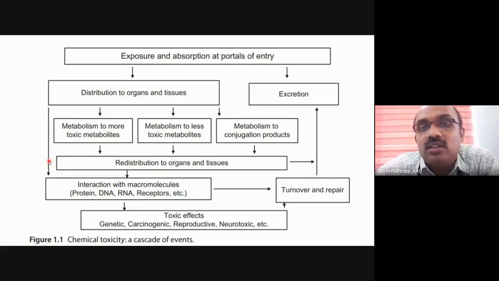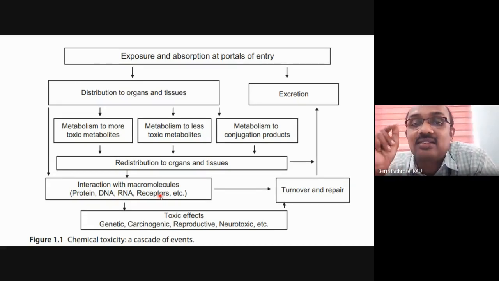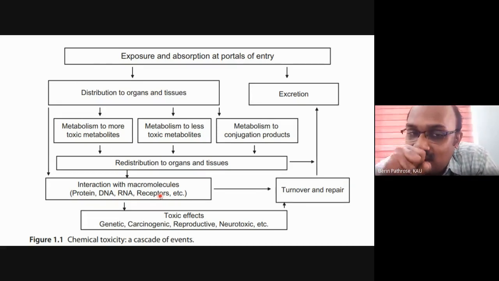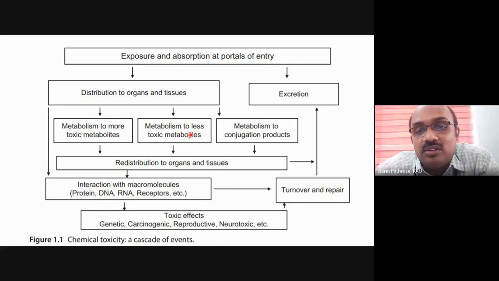If the pesticide is distributed into the insect body, and if it directly interacts with the protein, DNA, receptors, etc., then it will greatly exert its toxicity without reduction. But if it goes through detoxification and conjugation, then it will lead to the excretion of the pesticide, because once it is conjugated, it will become more hydrophilic and can be easily excreted.